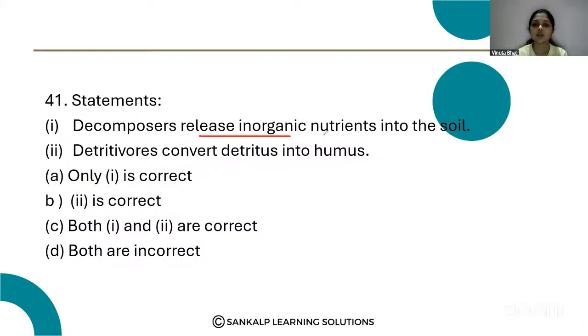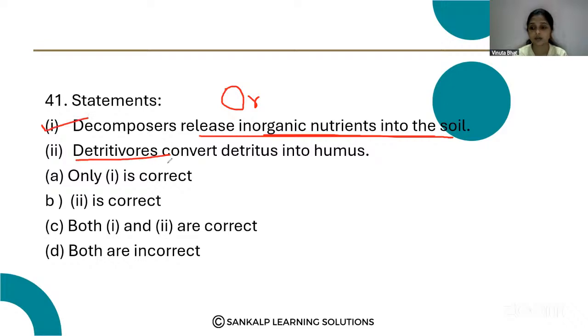Decomposers release the inorganic nutrients into the soil. Correct, right? They break down the organic matter from dead organisms, plants and animals, and release the nutrients into the soil. That is the correct statement.